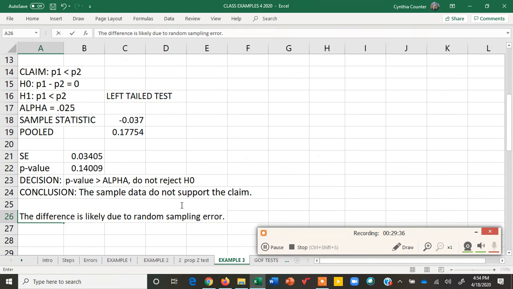All right. If we had gotten a small p-value, which means smaller than alpha, and we rejected the null hypothesis and supported the alternative, then the difference would be statistically significant. But in this case, it's not statistically significant. It's likely due to random sampling error.